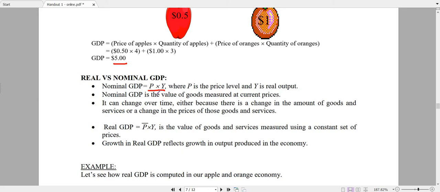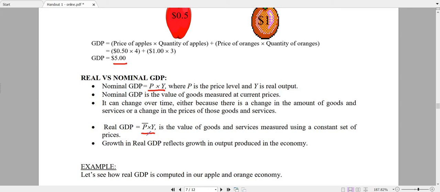So in order to correct for this deception, we use another measure of GDP which is referred to as real GDP. Real GDP is equal to price times output. Here, prices are taken to be constant.